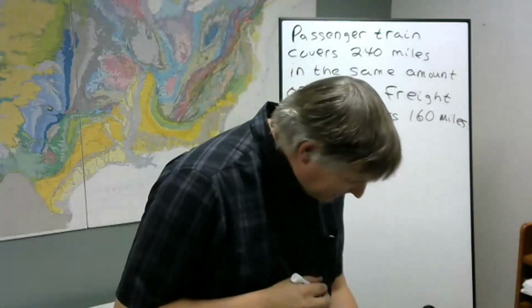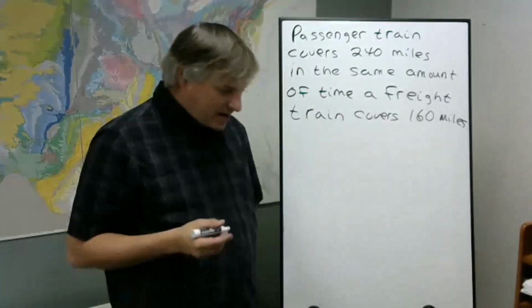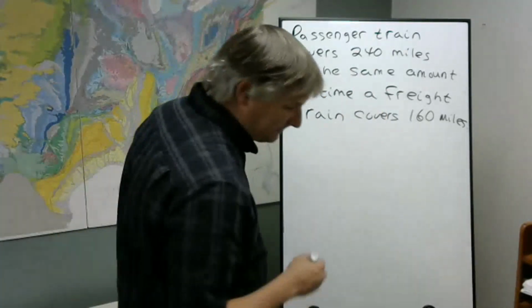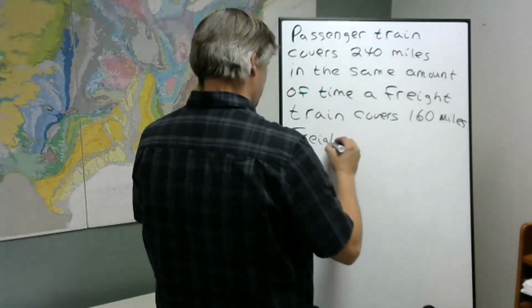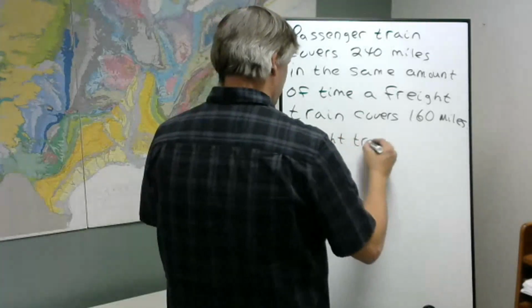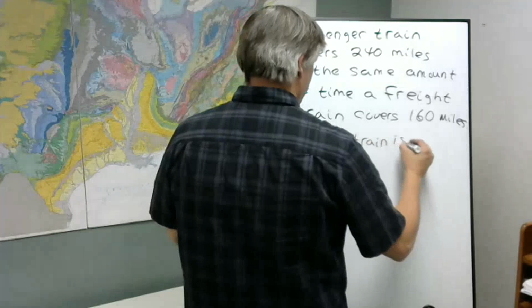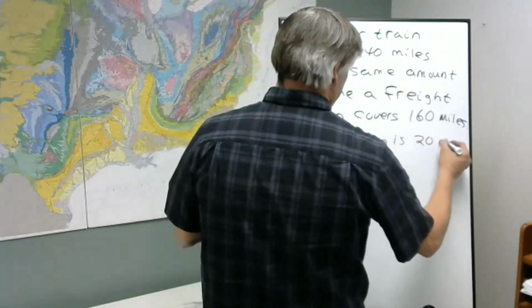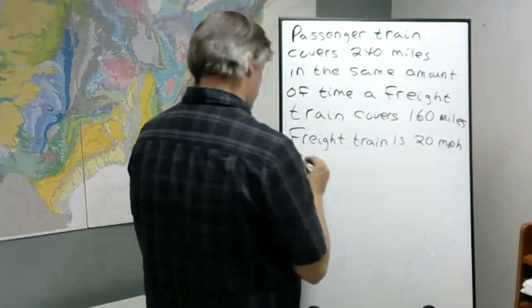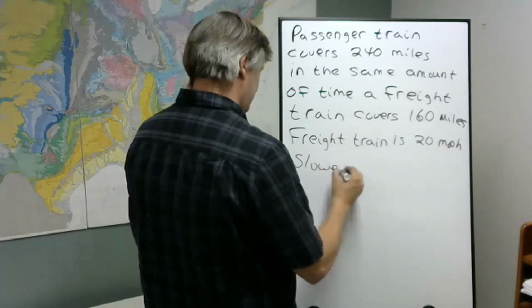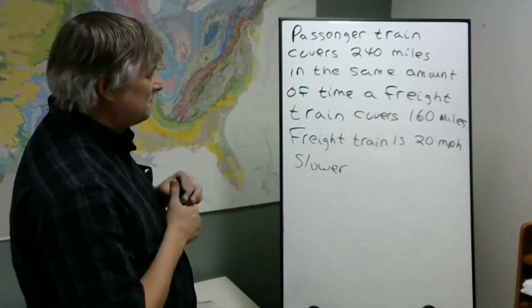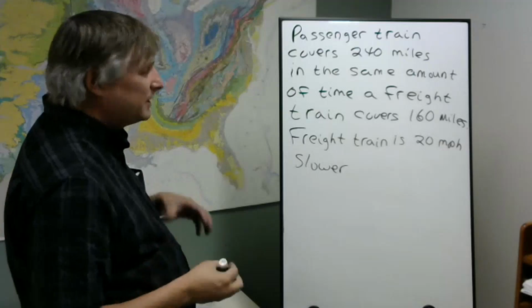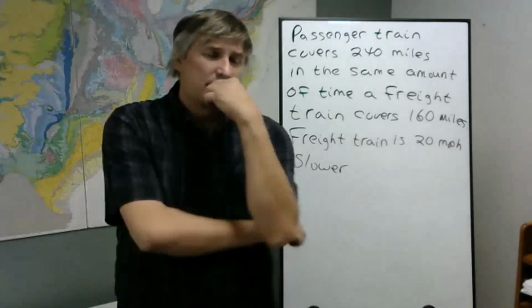So we've got that, and the freight train is 20 miles per hour slower. So what do we want to figure out? Well, let's use that technique for solving problems.